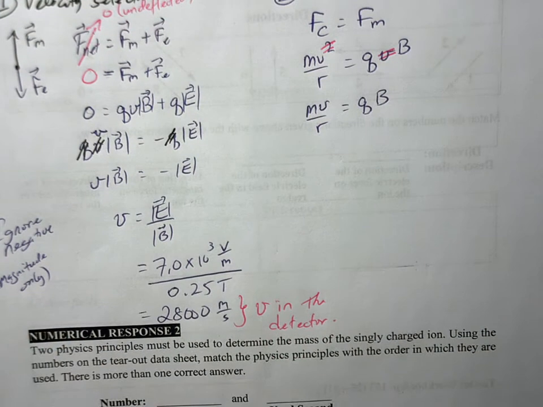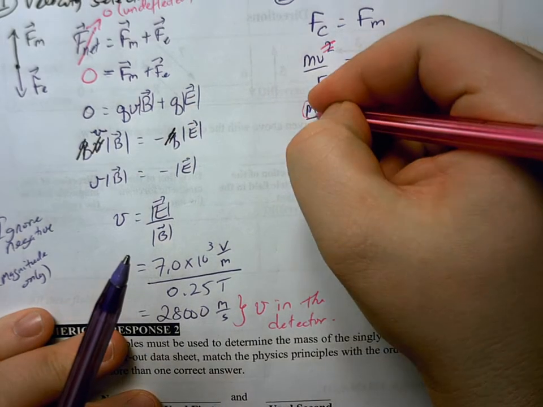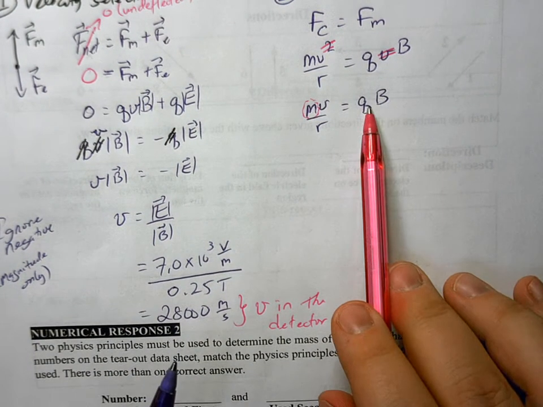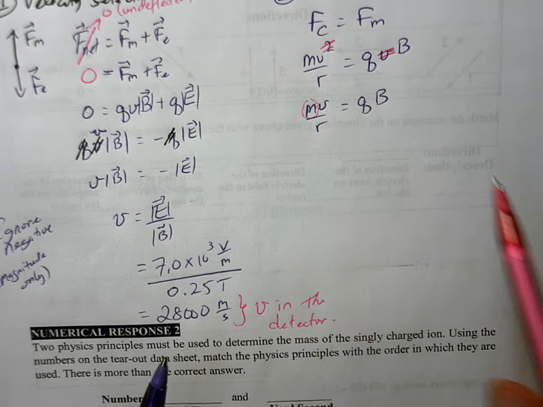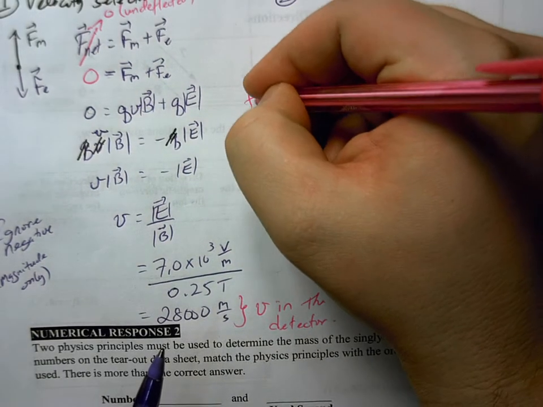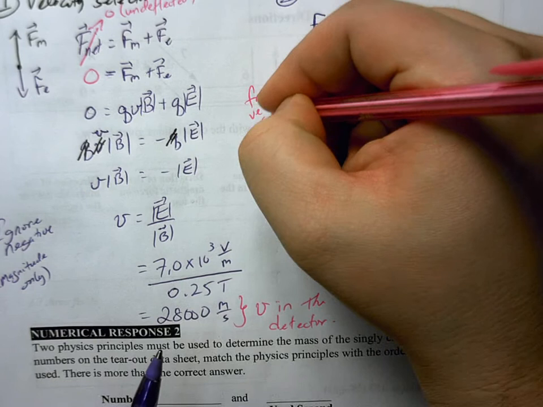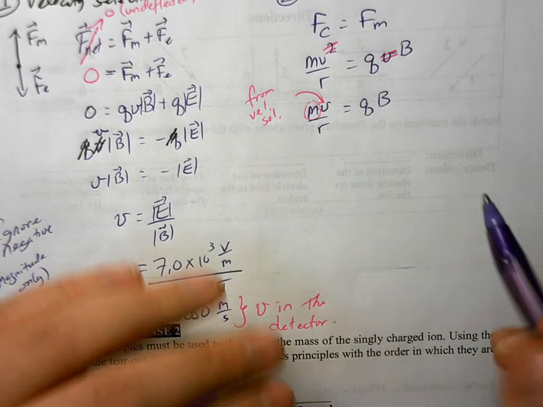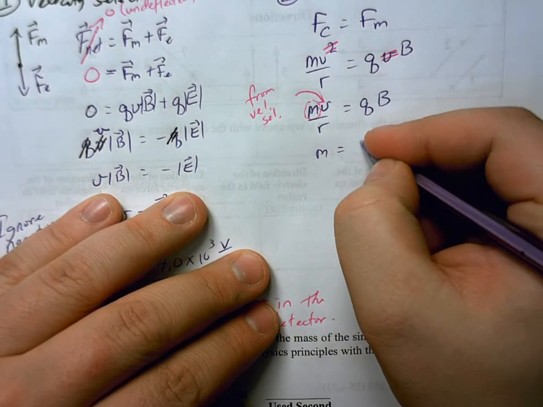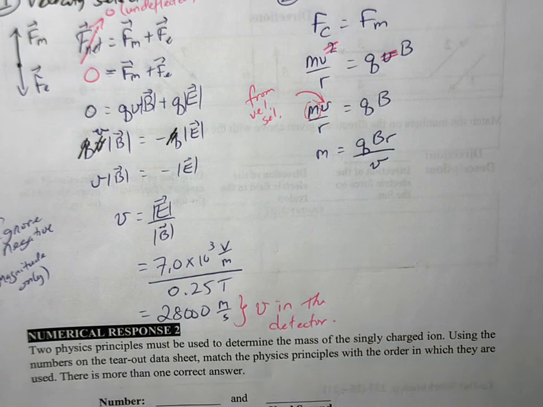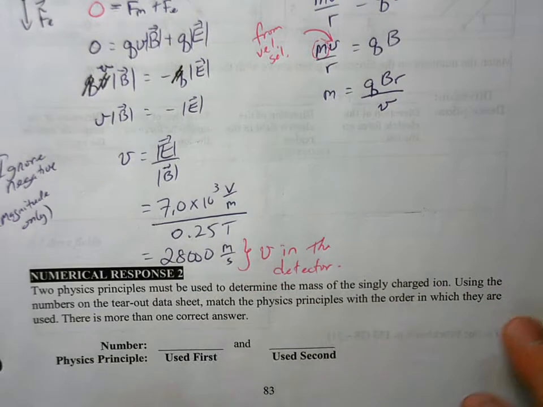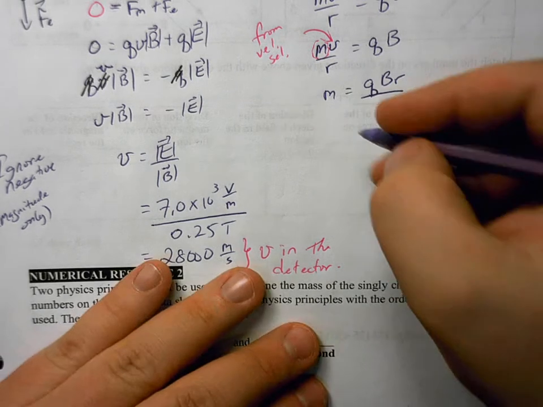Well, the objective here is to determine that mass. So we know Q, we know B, we've been given R, we've just found V. So this is from the velocity selector. We're just going to rearrange this for the mass. So the mass is going to be QBR divided by this V that we've already determined. So the last big step in all this is to plug it all in.